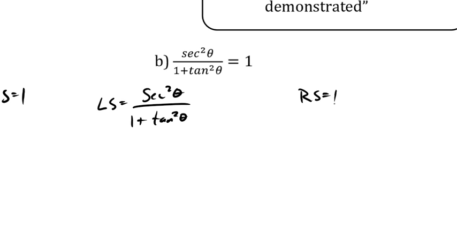In other words, it doesn't matter what value of theta I put in here, it will always equal 1. That's what an identity is. It's true for all values of the variable. We don't do multiple variable stuff really, but we might actually, but not yet, right? So for all values of the variable, it's true.